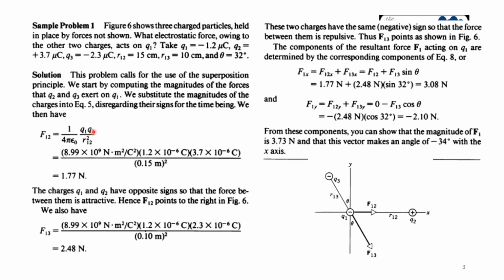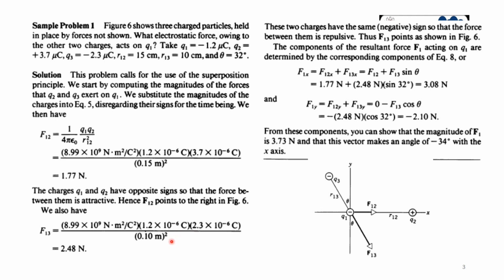We cannot use Q2 because we want to know the Coulomb's force from charge 1 to charge 3, Q1 to Q3. So we use K, the value of Q1 and the value of Q3, and we have already discussed that we have used the magnitude of charges, so we cannot use the negative sign.